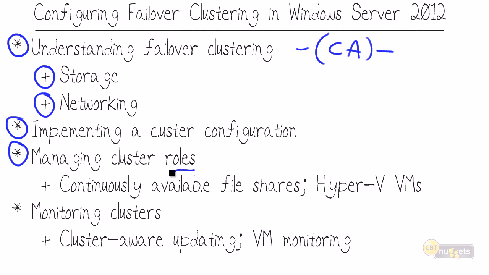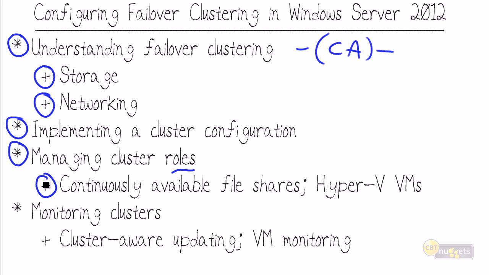If you've used clustering in Windows Server 2008 R2, you were used to the concept of the resource. It's the same idea. You're taking some workload, whether it's virtual machines or a file share, and you're making it highly available such that the loss of a host server will still keep the service on its feet because another node in the cluster will take ownership of that role or resource.